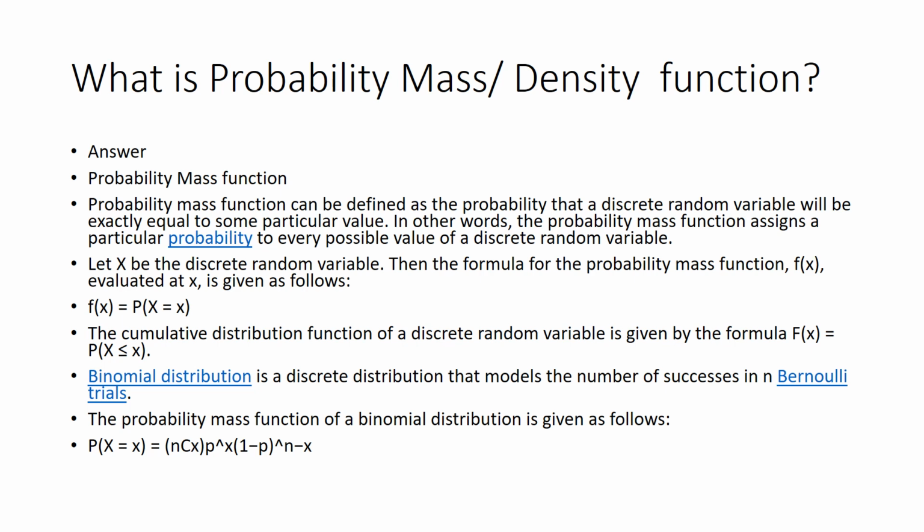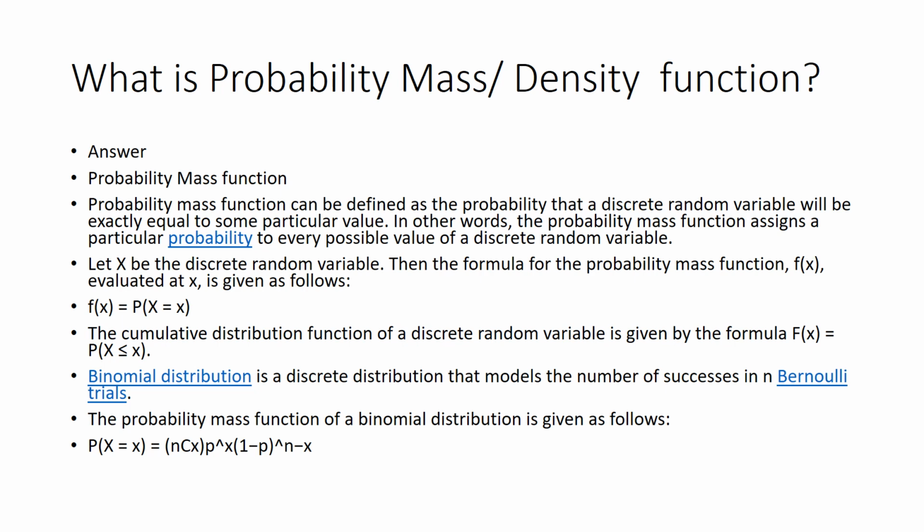Then the formula for the probability mass function, f(x), evaluated at x, is given as follows: f(x) = P(X = x). The cumulative distribution function of a discrete random variable is given by the formula F(x) = P(X ≤ x).